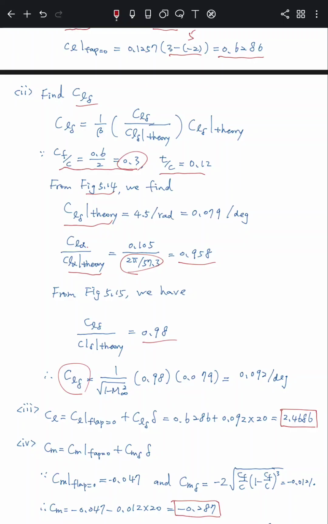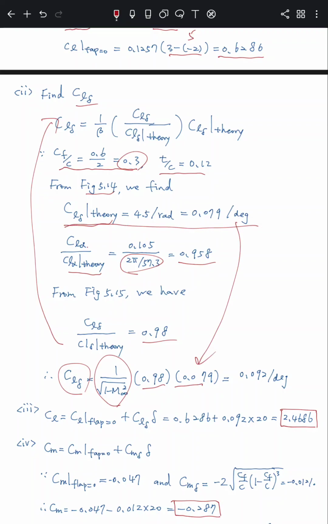So we have 0.98, and then we put it back into our formula. We can calculate the first term and the second term with 0.98, and we put it down here. So we finally get the value considering the flap deflection, which is 0.092 per degree.